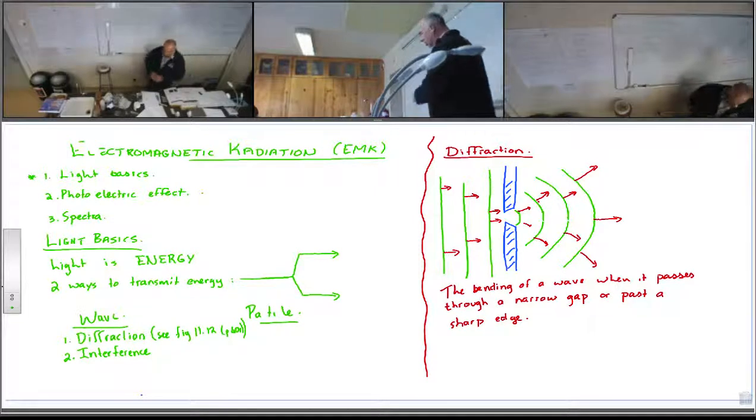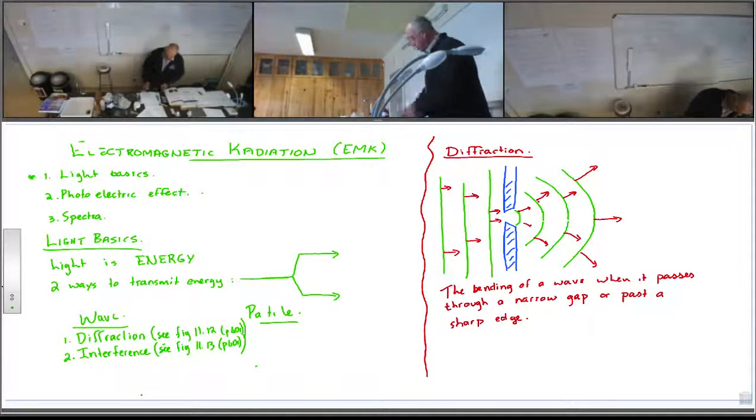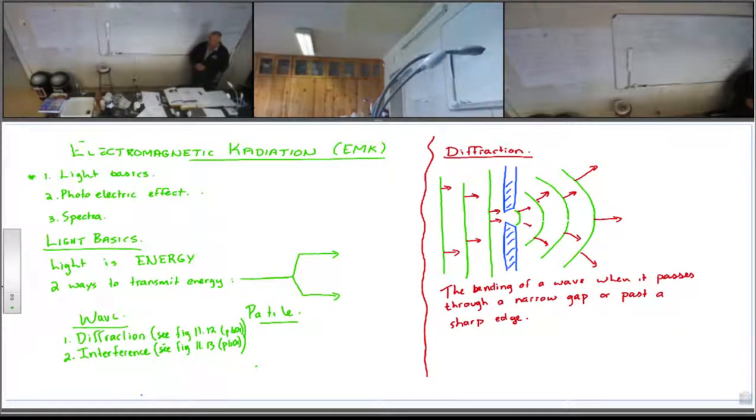Figure 11.13, also on page 401, shows that picture in a little bit more detail. It's more finer. Now imagine here you've got not waves of water approaching a harbour wall, but let's say you've got green waves of light.